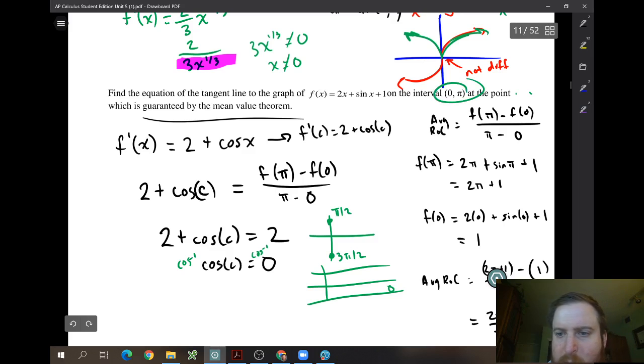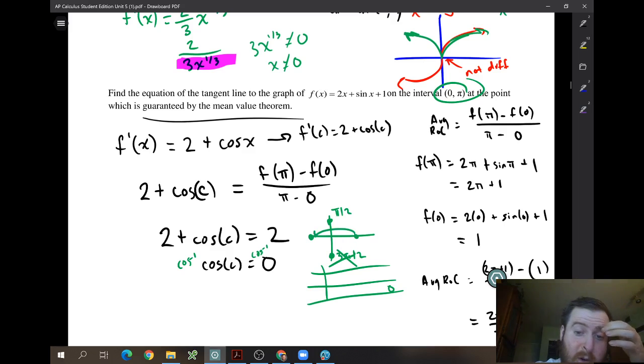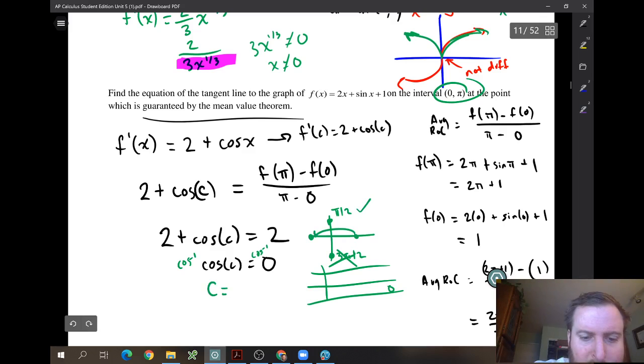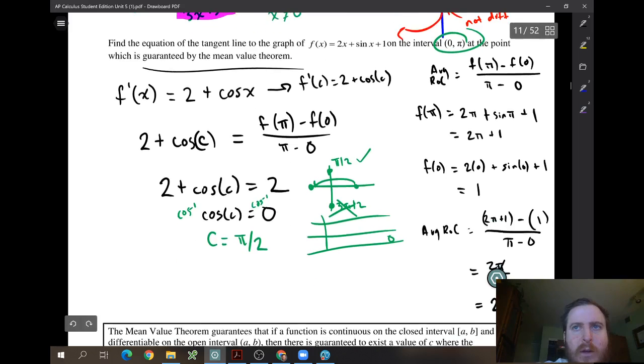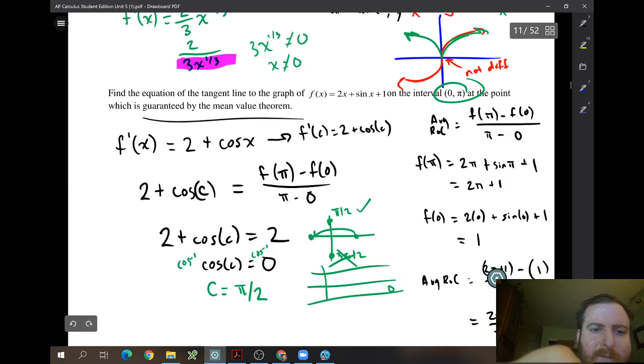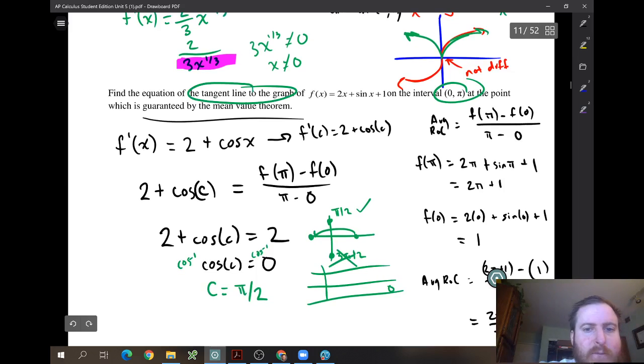I don't know how I missed that. So 3 pi over 2 is not between 0 and pi, right? 0 to pi is just there. So pi over 2 is our only point. So our c value would be pi over 2, because of that interval.